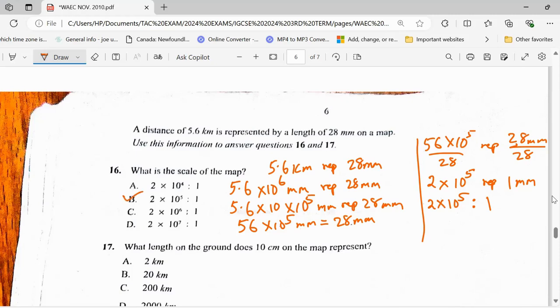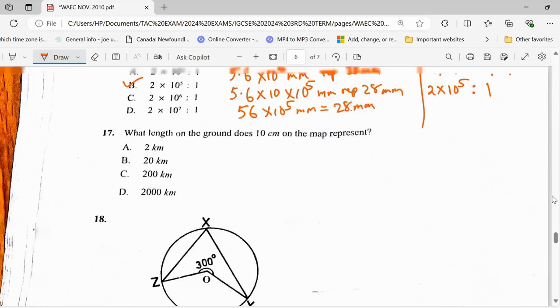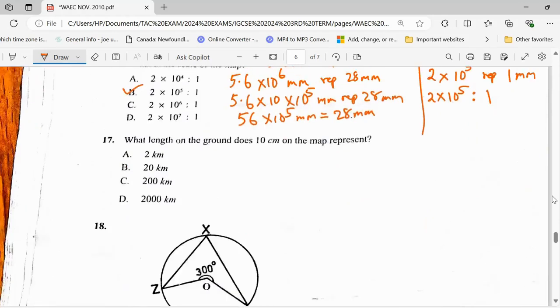Now, we are done with that scale. We come to number 17. Now say, what length on the ground does 10 centimeter on the map represent? We have 10 centimeter on the map. Remember that 1 millimeter on the map represents 2 times 10 raised to power 5 millimeter, in real life.